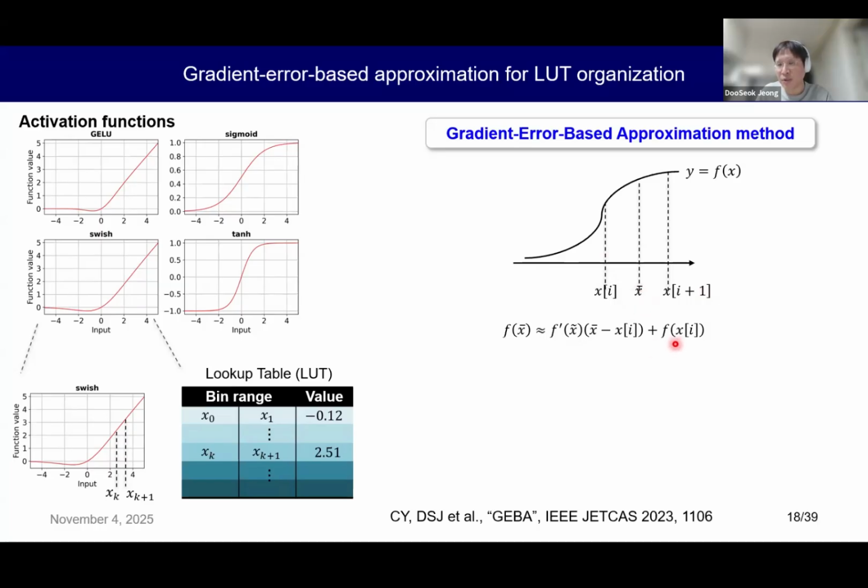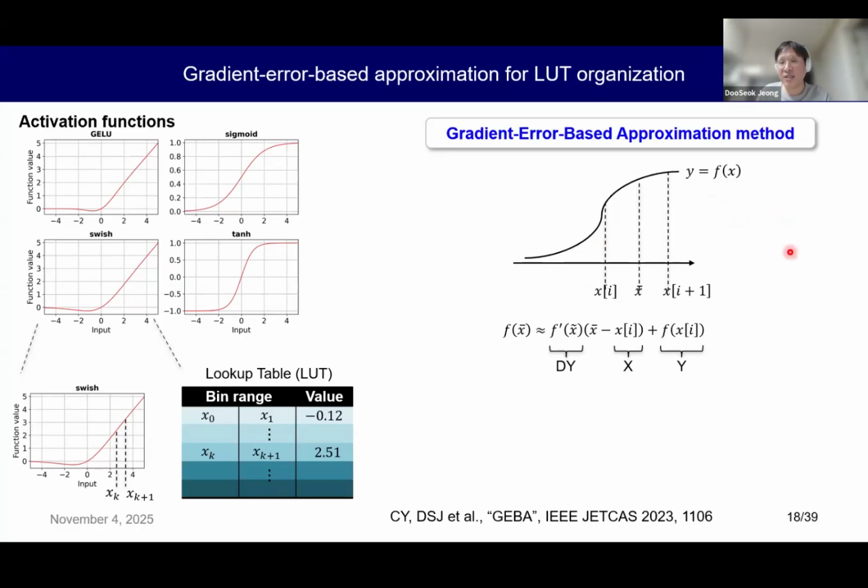If you know the function value at xi, and you have a proper f prime, which is the gradient of f with respect to x, you can basically approximate it in a very, very precise way.